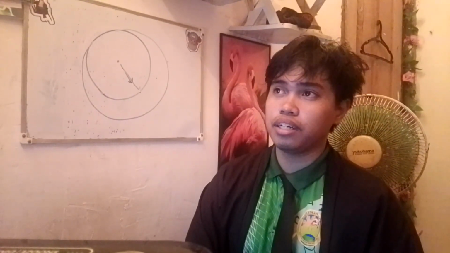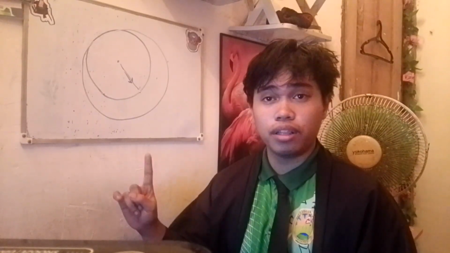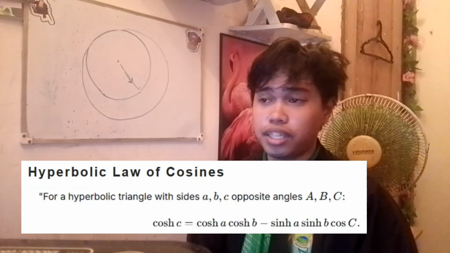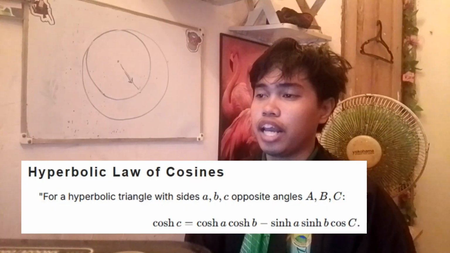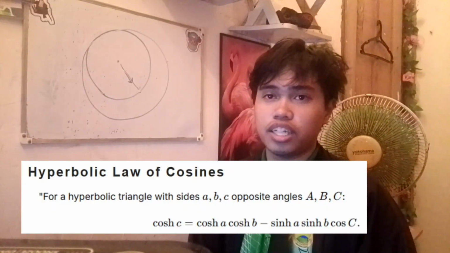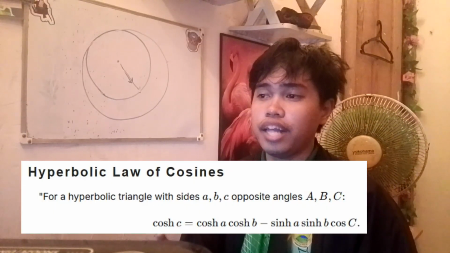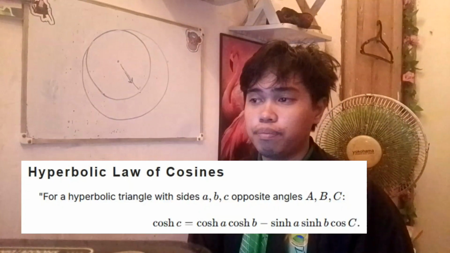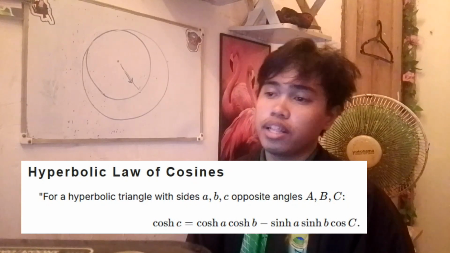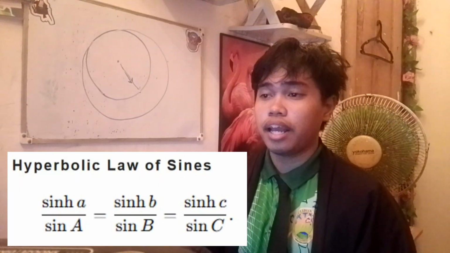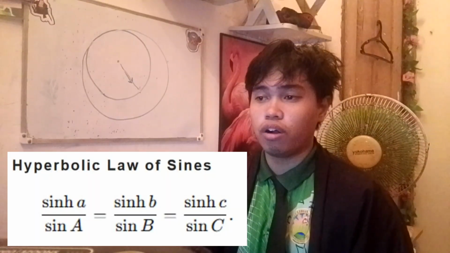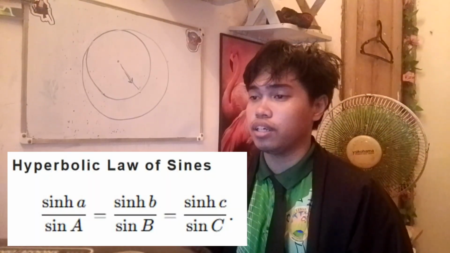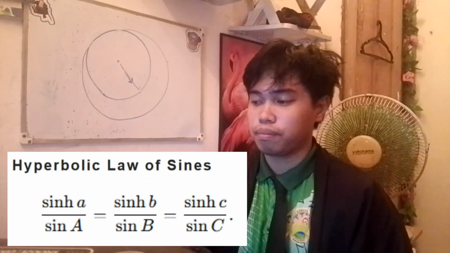For a hyperbolic geometry triangle with sides a, b, and c of opposite angles A, B, and C, cosh c equals cosh a cosh b minus sinh a sinh b cos C. The hyperbolic law of sines is sinh a over sin A equals sinh b over sin B equals sinh c over sin C.